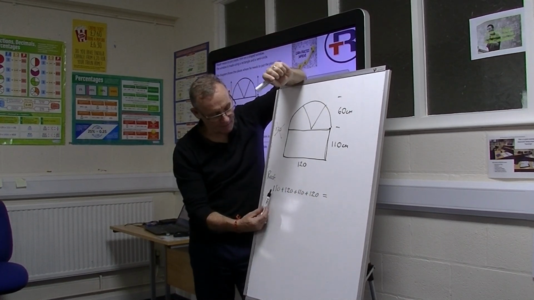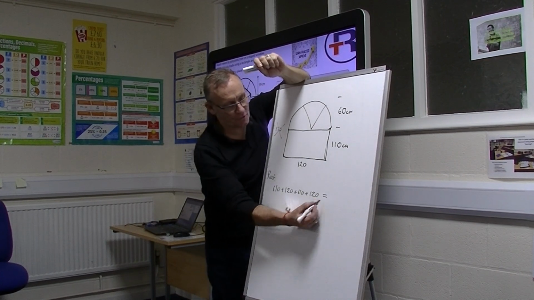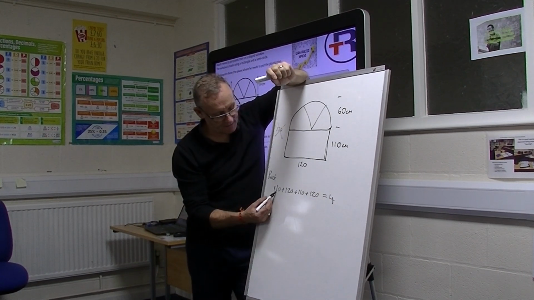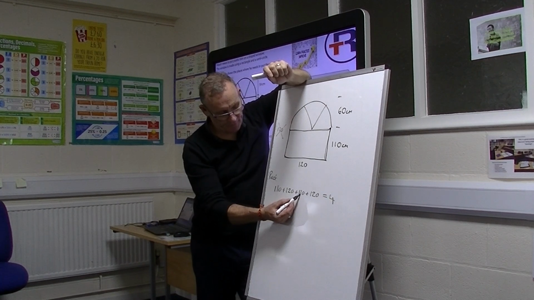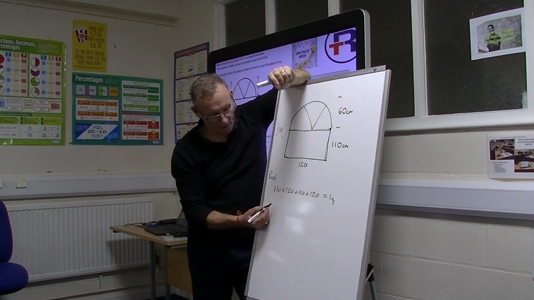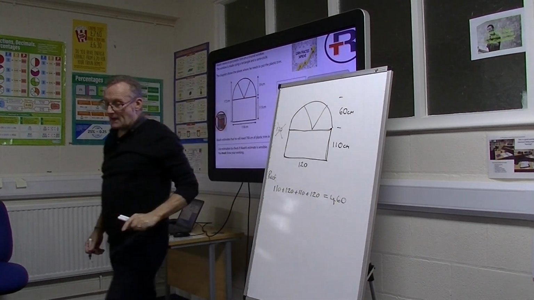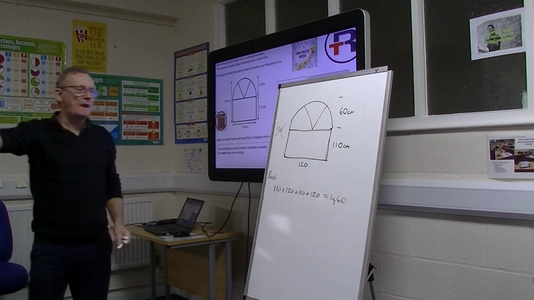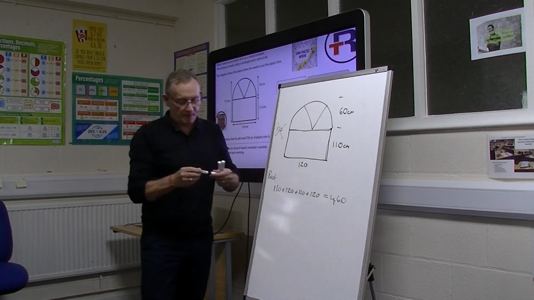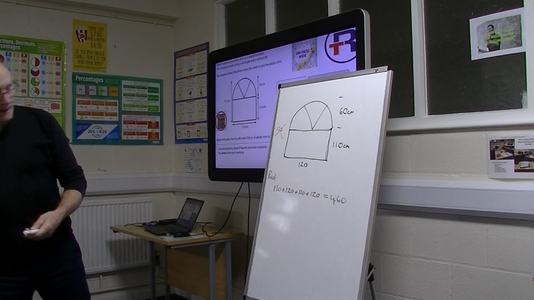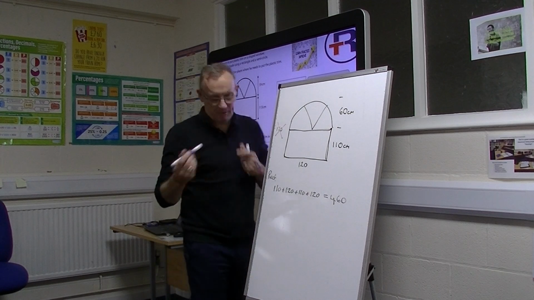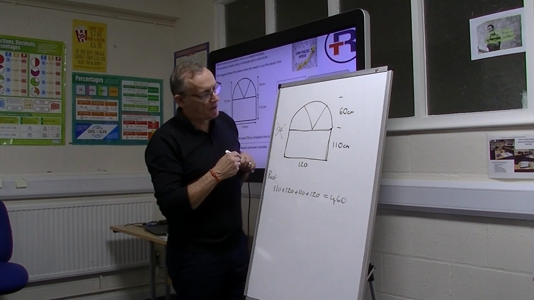Let's count the hundreds first. 1, 2, 3, 4. 400. Let's count the tens. 10, 20, 30, 40, 60. Do you agree? Yes. 460. That's the rectangle which we've done in the black pen. Happy days. Put the black pen down, choose a different colour pen. You may not have a different colour pen, but that's okay.